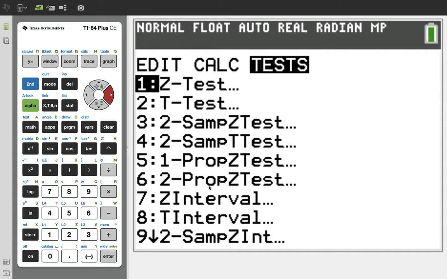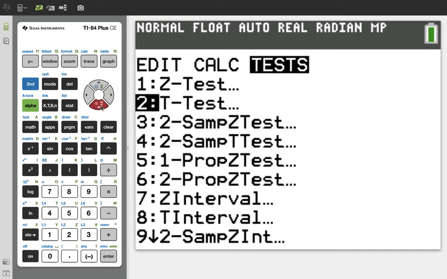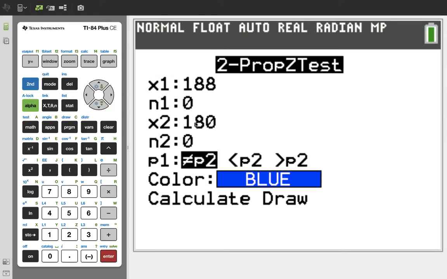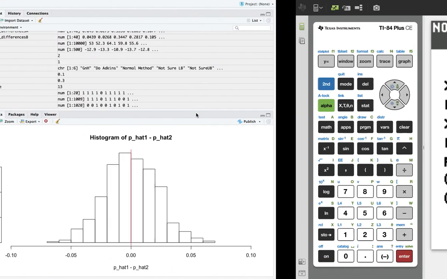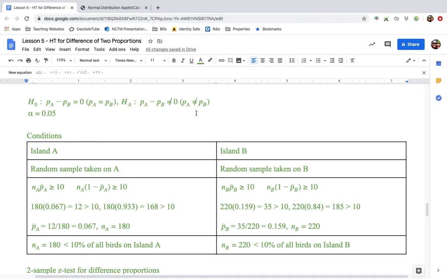This name is in fact acceptable for full understanding if you write that. So you can also call this a two proportion z-test. So we come down here to two proportion z-test, and you enter your data in. So x1 is the number of banded birds. So we're going to say 1 is island A. So in island A, the number of banded birds, what did we have?